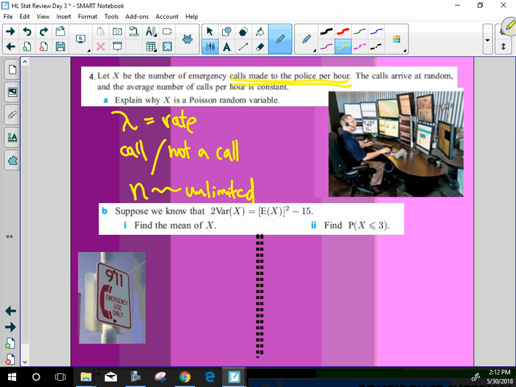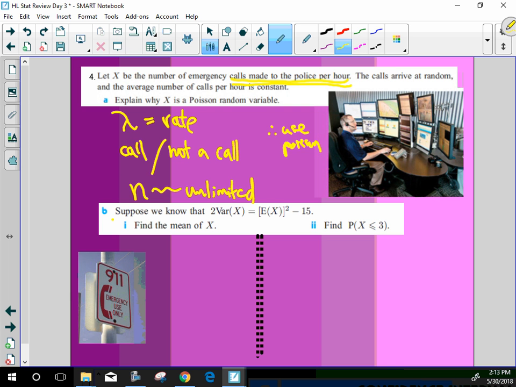Could there be an unlimited number of calls? Well, sort of. You could have as many as could buzz in an hour, but it sure could be a lot of calls. So those 3 criteria, that it's a success or fail, unlimited, and a rate, then you would say, therefore, use Poisson.